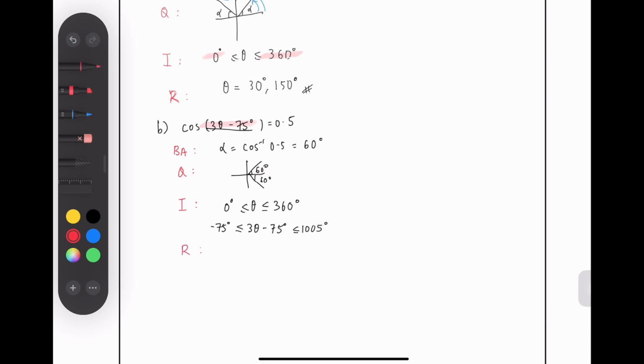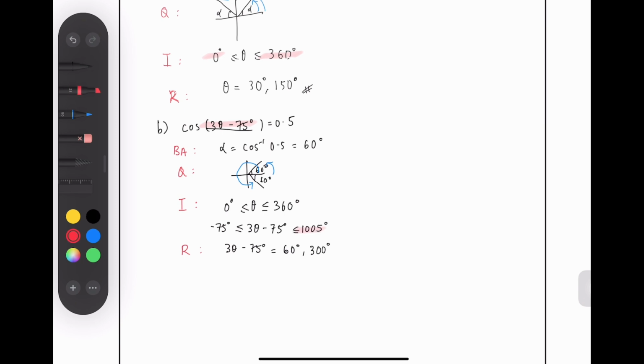And for the rotation, it's going to be 3 theta minus 75 degrees equals, so the first one is 60. Next, we rotate to the fourth quadrant and we get 300.